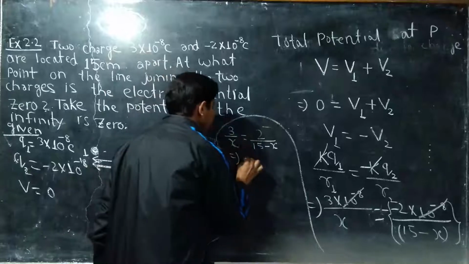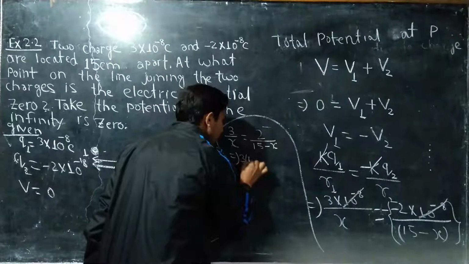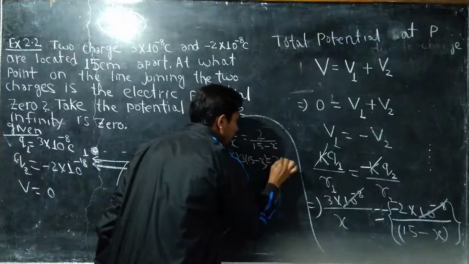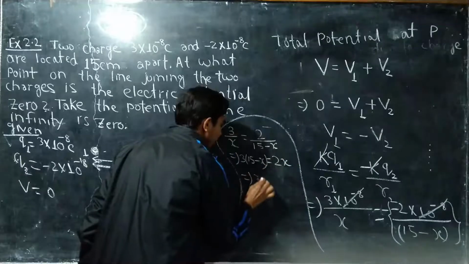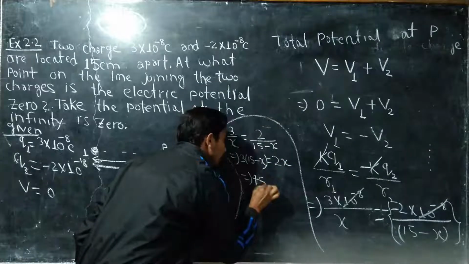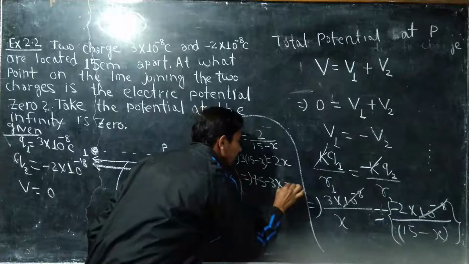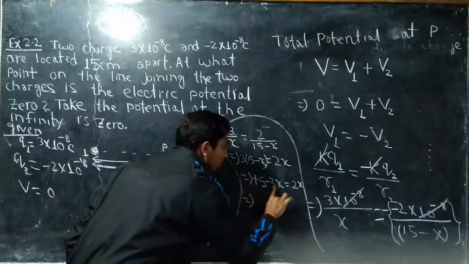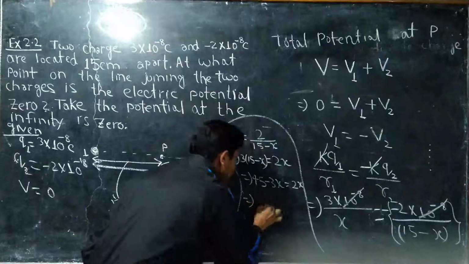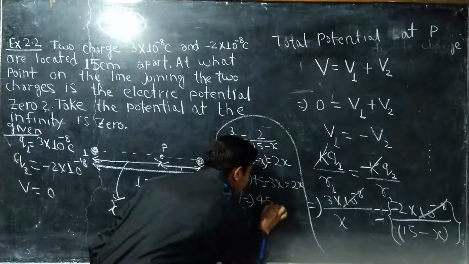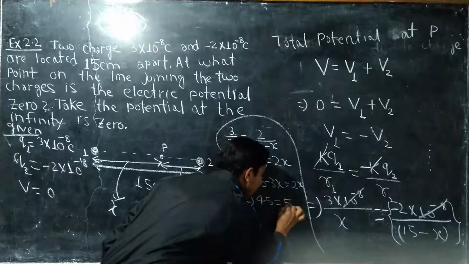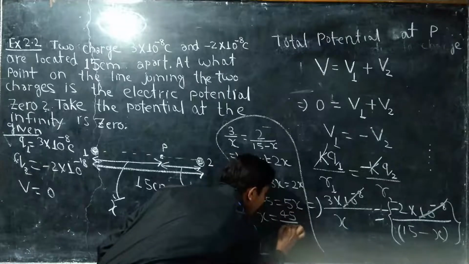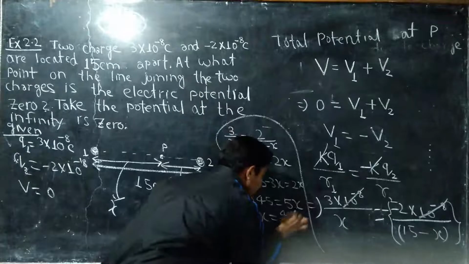So cross multiplication: 3 into 15 minus X is equal to 2X. So now this becomes 45 minus 3X is equal to 2X. Now we have to shift this one to the other side, so that becomes 45 is equal to 5X. So X is equal to 45 by 5, we are able to cancel it.